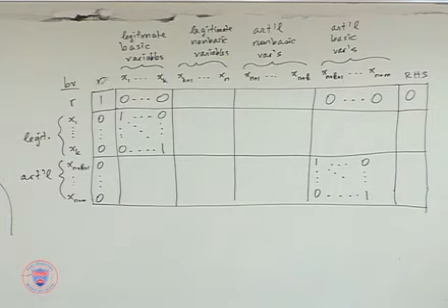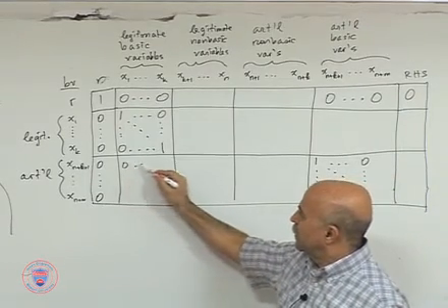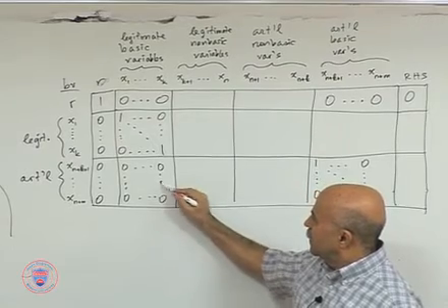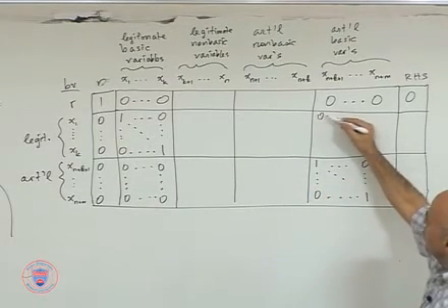What do you have here? We've got 0. And over here, you also have zeros.